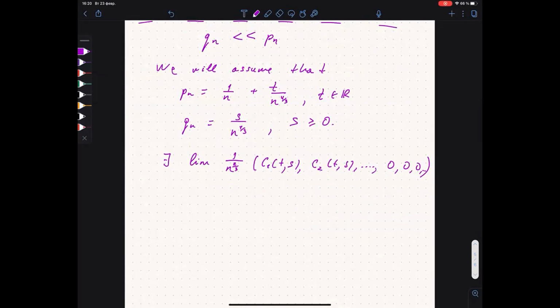The limit can be described via, or using, independent multiplicative coalescence with interaction.